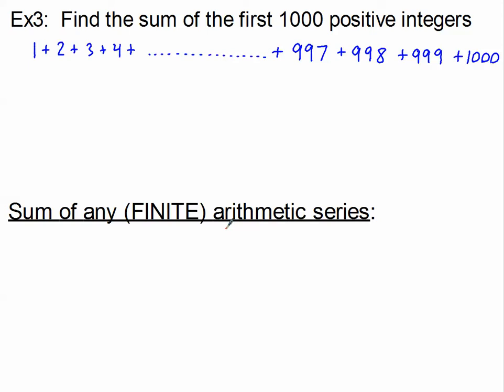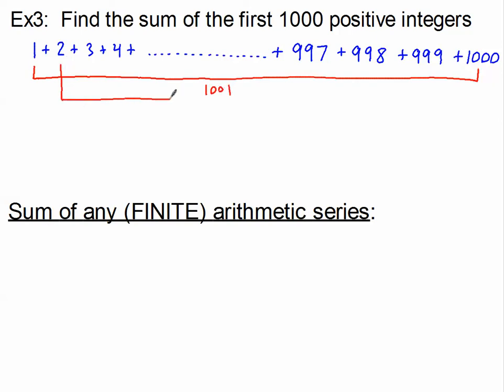What I like to do is take the first term and the last term and add them together. Of course, 1 plus 1,000 is 1,001. And then I take the second term and the second to last term, 2 plus 999, and guess what? I get another 1,001.